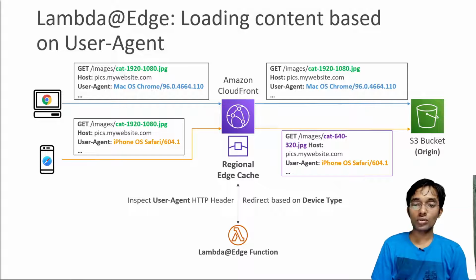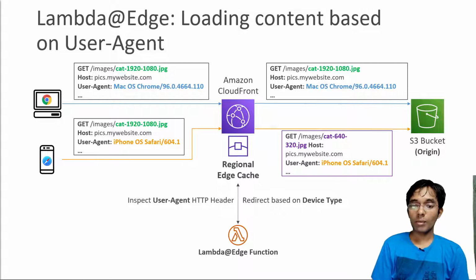Now they both want to access a cat picture, so they do a request for the cat picture, and the resolution is high, like 1920 by 1080.jpg, that's a JPG file. And they request it from CloudFront. So if the request goes well, the request is passed all the way to the S3 bucket to get that specific image.